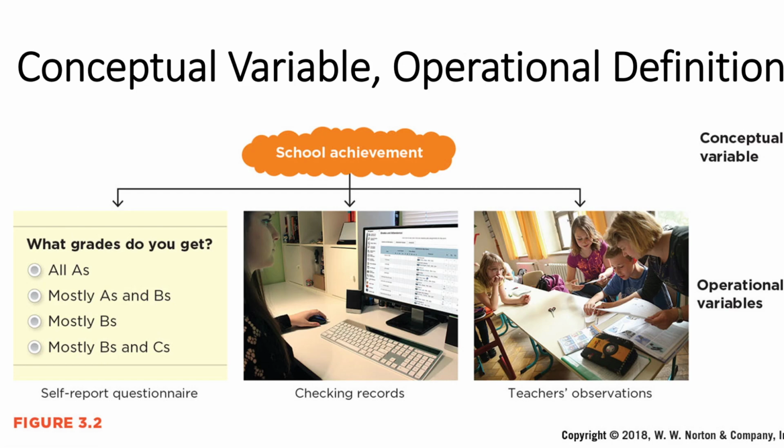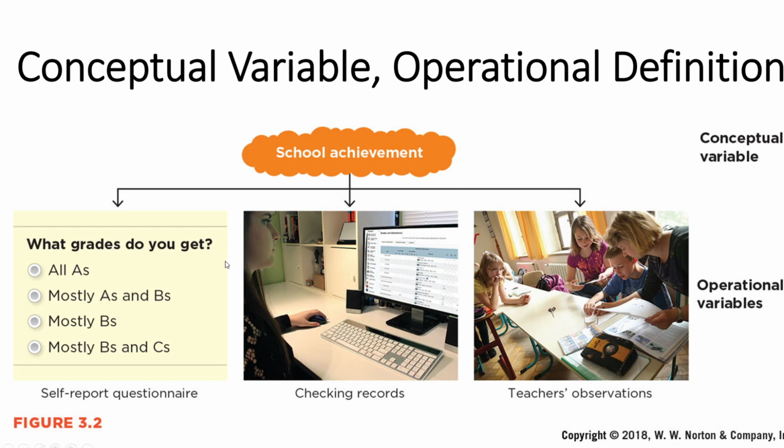You could ask, what types of grades do you usually get? And then people can click the response that most closely matches them. So that's one way that you could have an operational definition, this survey, to measure a variable like how well do you do in school?